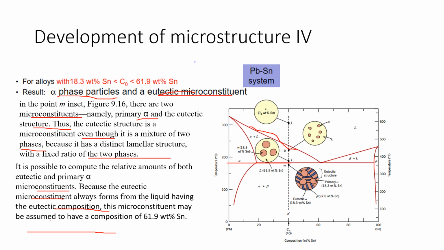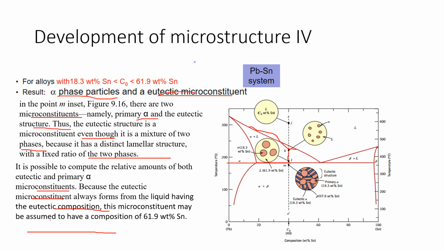Small alpha particles begin to form at point K. After sufficient time is given for cooling, the alpha grains grow stronger, surrounded by liquid, until the isotherm is crossed at point M. These primary alpha particles are then surrounded by a eutectic mixture, without liquid.